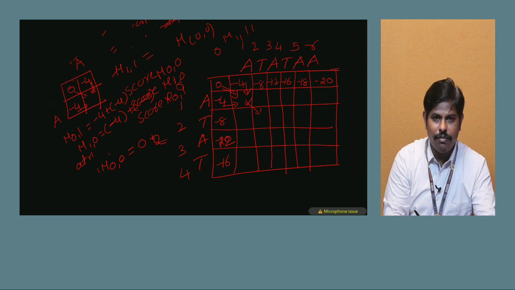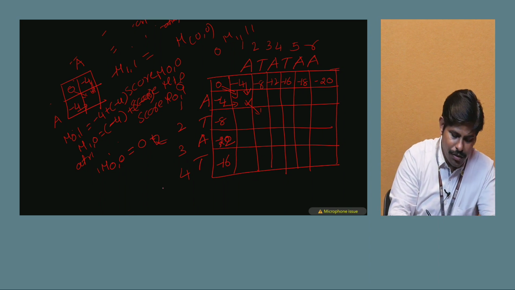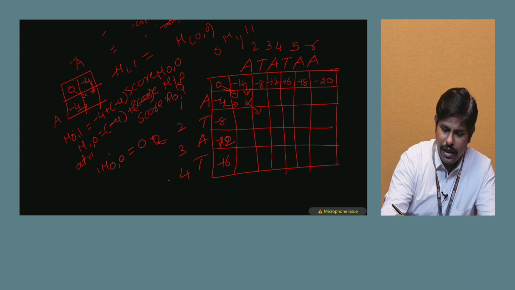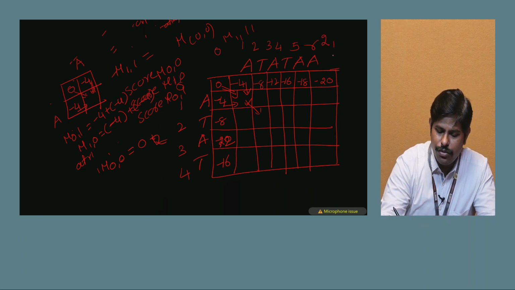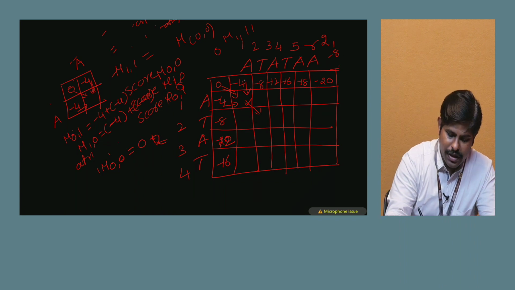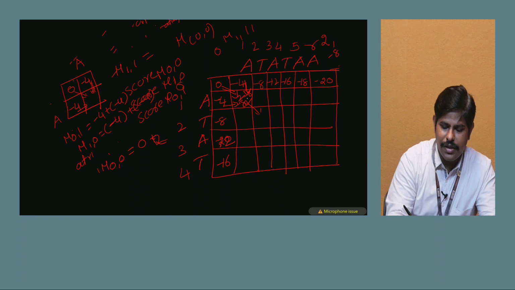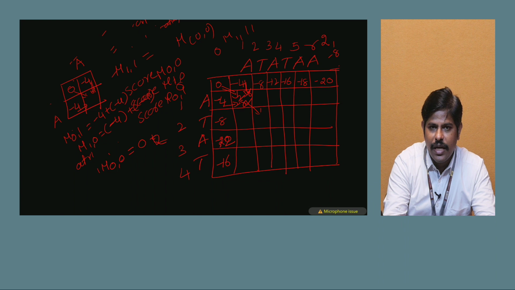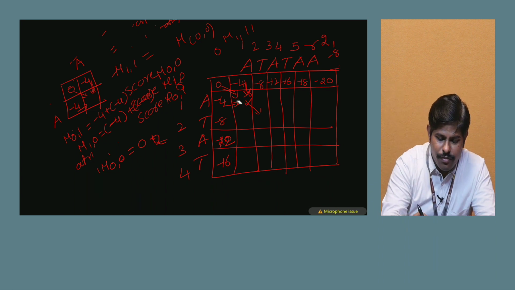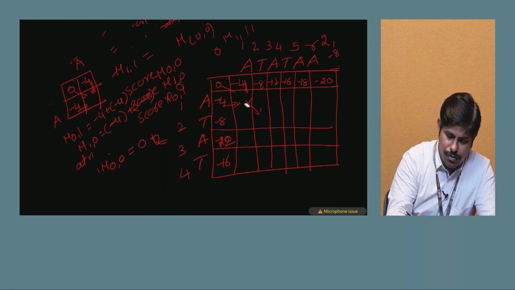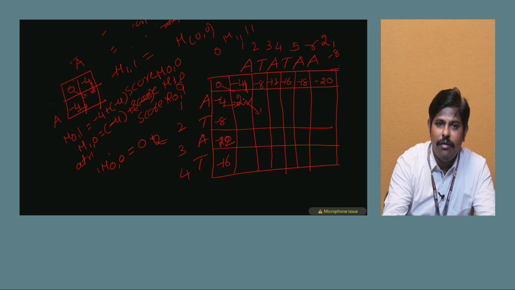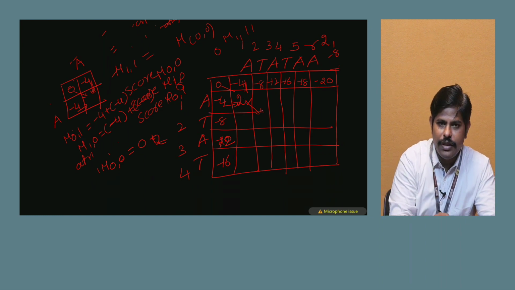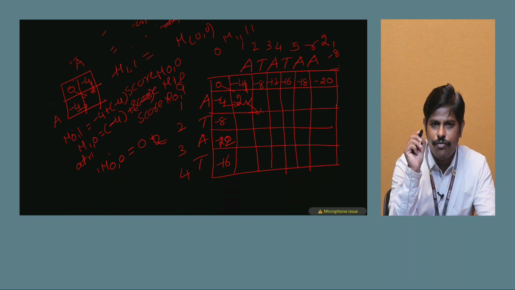In my three cases I got 2, minus 8 and minus 8. Out of all three, 2 is the highest value, so I fill in the value 2 here. Now the first cell is filled.